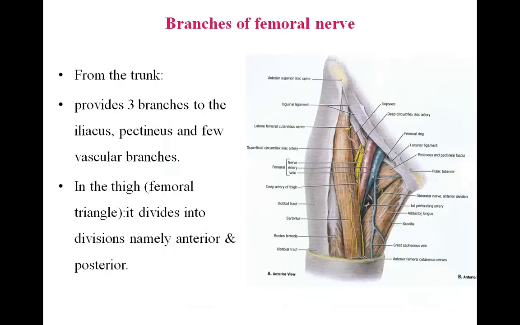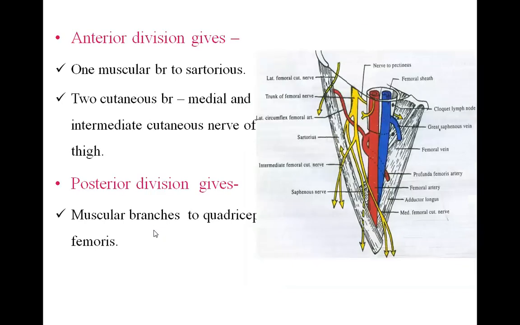Okay. Branches of the femoral nerve. From the trunk, it provides branches to the iliacus, pectineus, and a few vascular branches. So, it will supply the iliacus muscle, pectineus muscle, and the vascular branches. In the thigh, that is in the femoral triangle, it divides into anterior and posterior divisions.